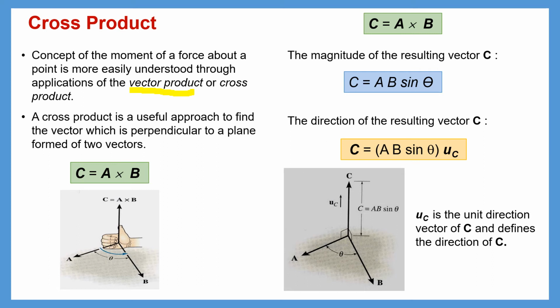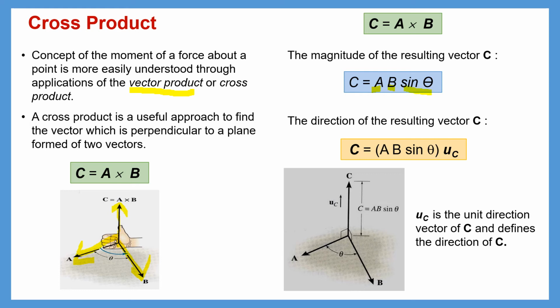Here, the vectors A and B. The cross product of A and B yields vector C, which is perpendicular to A and B. We can calculate the magnitude of the resulting vector C as the magnitude of A times B and sine theta.